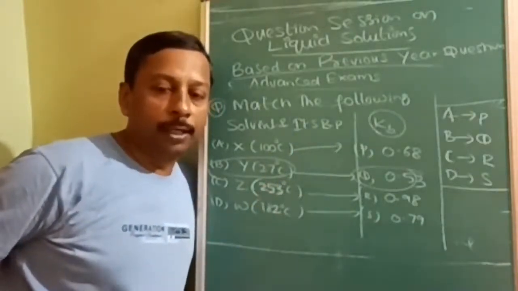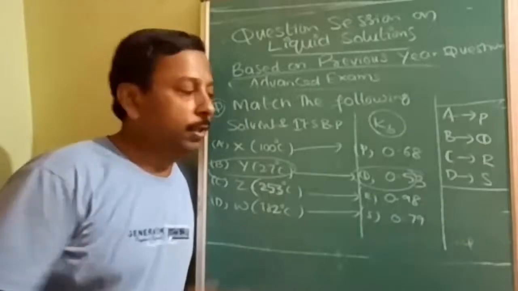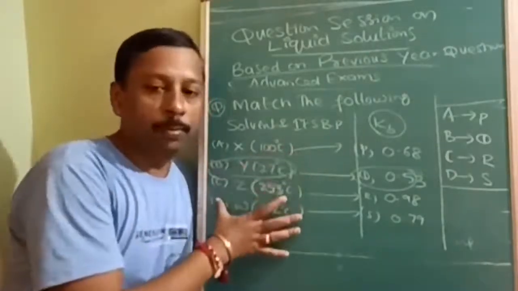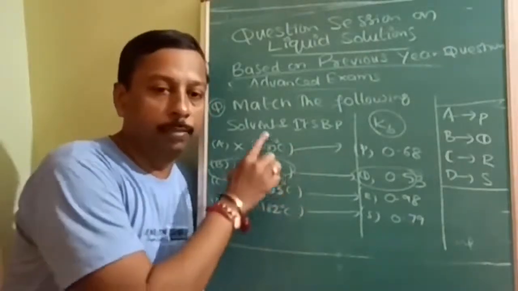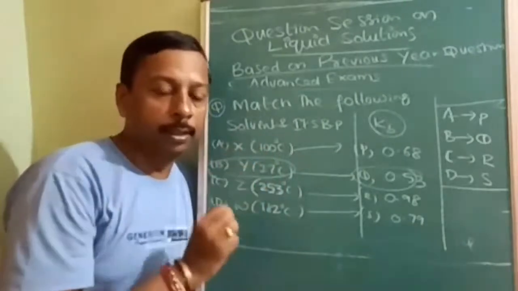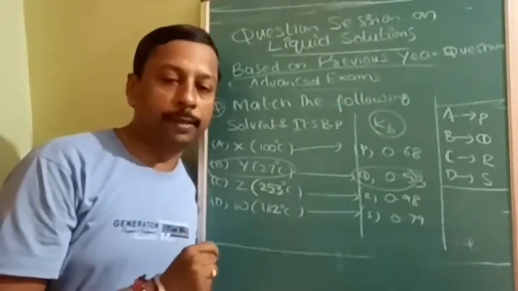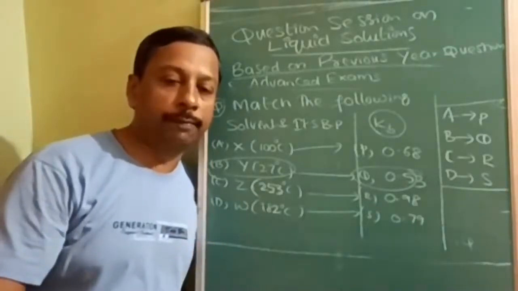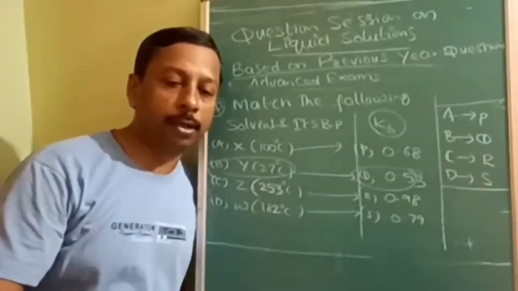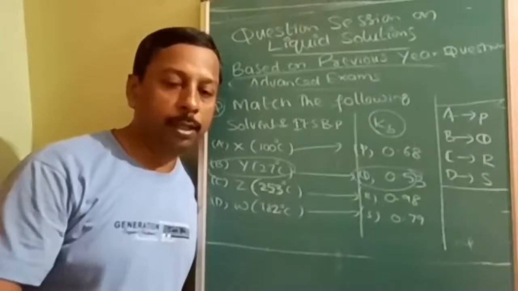Kb is only for the solvent, and this is the boiling point of the solvent, not the solution. Like water, Kb is fixed. For benzene, Kb is fixed. Kb and Kf both are defined only for the solvent, not for the solution. And for the solution, delta Tb will be defined.